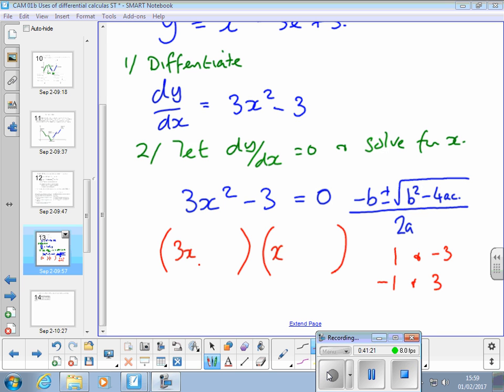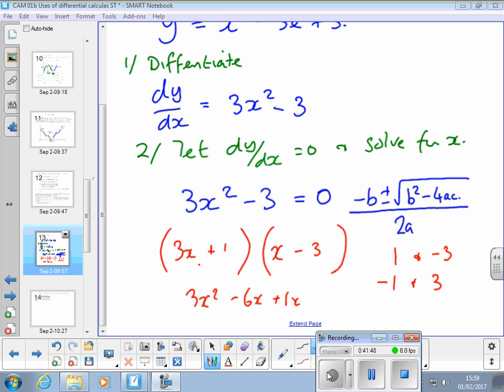If I put this 1 in there and minus 3 in there, what does it multiply out to? 3x times x is 3x squared. That's good. 3x times minus 3 is minus 9x, and 1 times x is plus 1x.